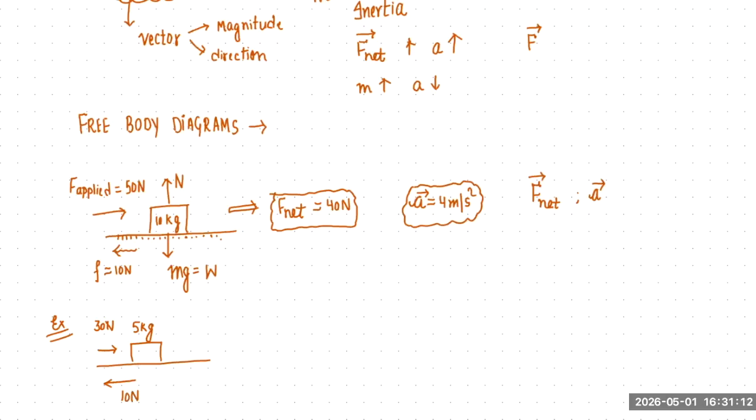The same problem, same concept. We will again see the net force: 30 minus 10 is 20 Newton, and you will see the acceleration is going to be the same, which is 4 meter per second square. Here we should always mention both magnitude and direction. You will see the acceleration is always in the direction of the net applied force.